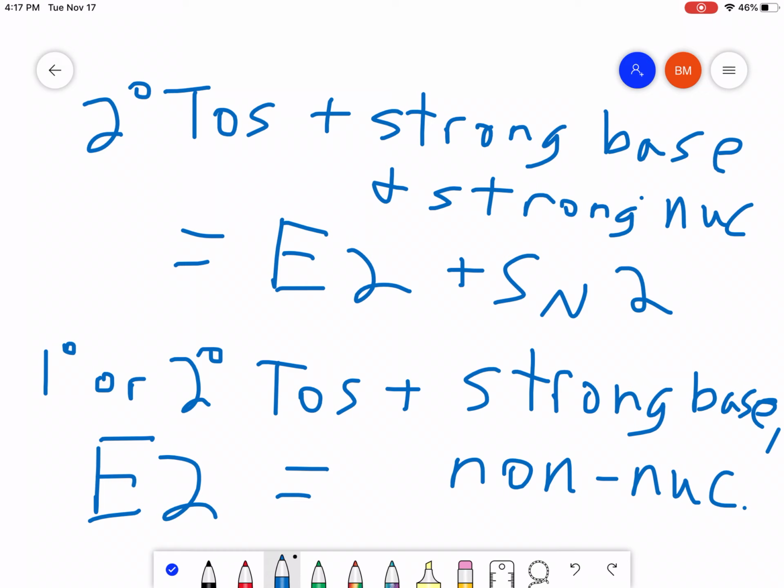Okay? So in summary, if you have a primary tosylate, as long as you have something that's not big and sterically hindered, it's going to go SN2. However, if you have a primary or secondary with something that's a strong base and a non-nucleophile, like tert butoxide, it's going to go E2. If you have a secondary tosylate and something that can act as a strong base or nucleophile, it'll do both of them.